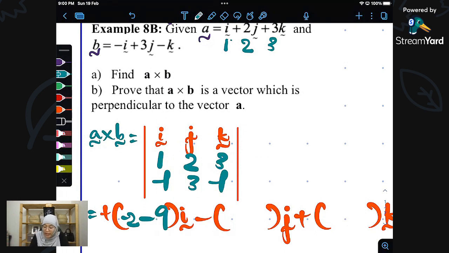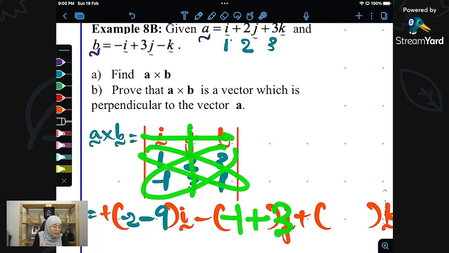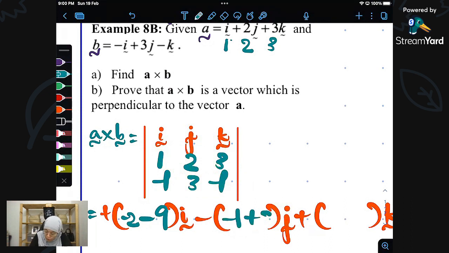So now, next one, tutupkan pula the J. So the J here tutup. So we got here, what? Negative 1 minus, no, it's positive. Sebabkan negative, negative, positive. So 3, negative 1 plus 3. Yep, it's correct, negative 1 plus 3.